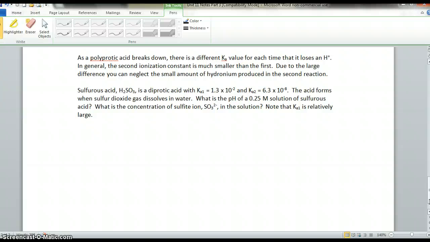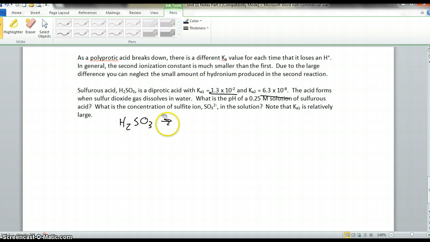Since we are going to lose an H plus the first time and then lose it again the second time, you notice that the Ka values in this problem down here, 1.3 times 10 to the negative second and 6.3 times 10 to the negative 8, have a big difference between the two of them. So what that means is all the hydronium, in other words, all the pH, comes from the first time breaking apart. The second time only tells us what ion would form. And here's what I mean by that.